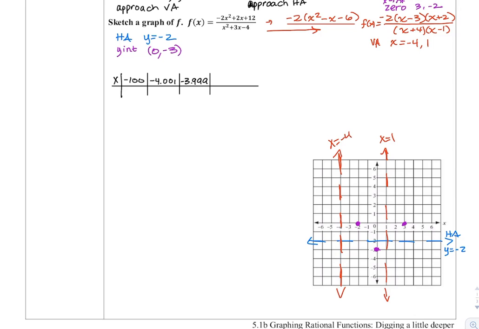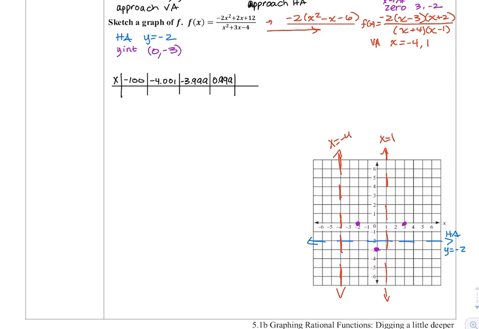All right, and then we can see that we've got some good values in that center between the two asymptotes. So we'll just go ahead and approach the other asymptote, 1, from the left. Let's use 0.999, that'll work. And then we'll also approach it from the right to see what's happening there.